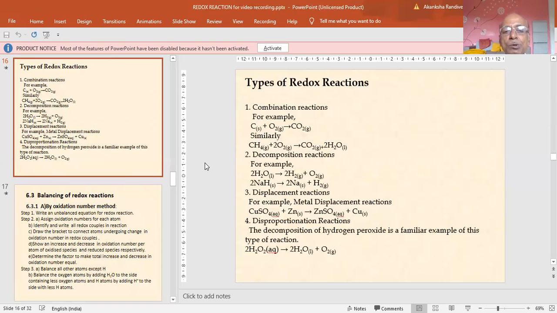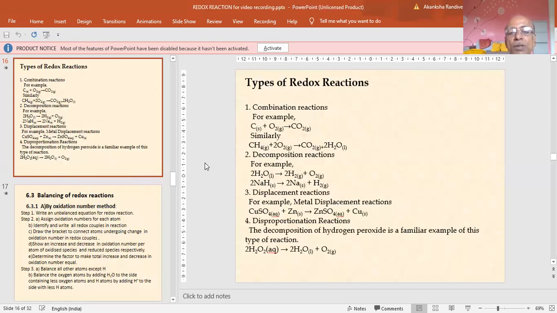So +1 changes to 0, whereas oxygen in H2O has an oxidation number of -2, and it changes to 0 in the O2 molecule. So -2 changes to 0. That means the electrons are lost. So there is gaining and losing of electrons. Therefore, this is a redox reaction, and this is a decomposition type of reaction.